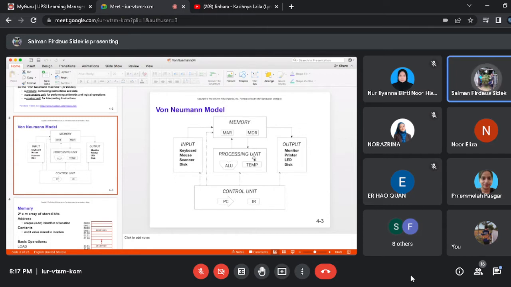If you said that the function of temporary is to keep the data that will be sent from temporary to memory, that is a process data or information. That is the process for information, where temporary is used to keep the data that has been processed from the processing unit or temporary to memory.